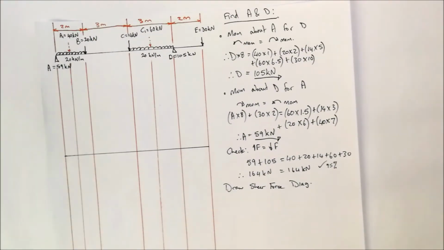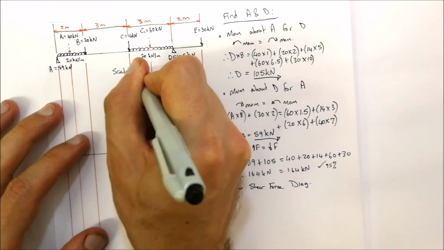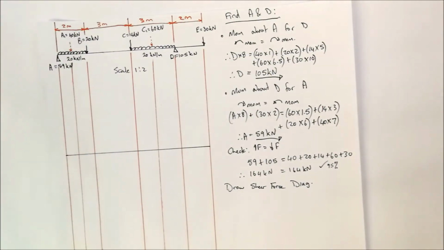So we've got 59 going over there. I'm going to be using a scale of 1 to 2, a half, so everything I'm going to halve. If we've got 59 for A, and we halve that, that's 29.5.